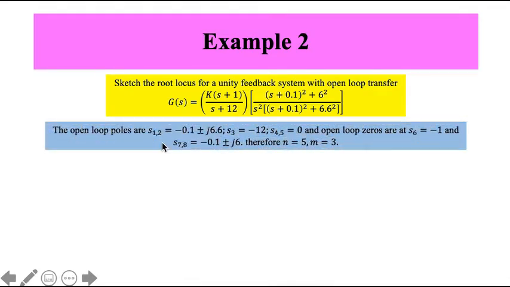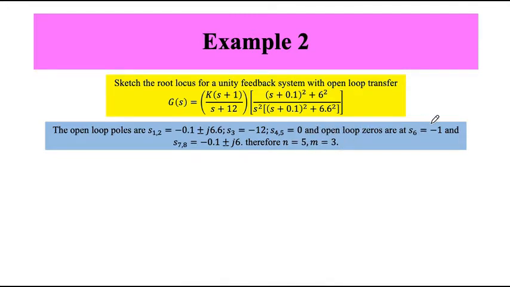The open loop poles are at minus 0.1 plus minus j6.6, another at minus 12, and another two at 0. The zeros are at minus 1 and at minus 0.1 plus minus j6. So the total number of poles is 5 and zeros is 3.